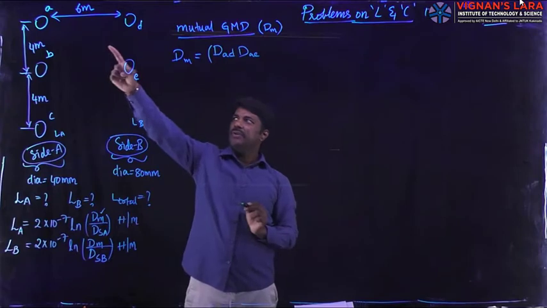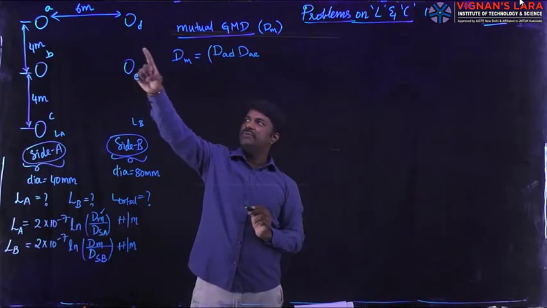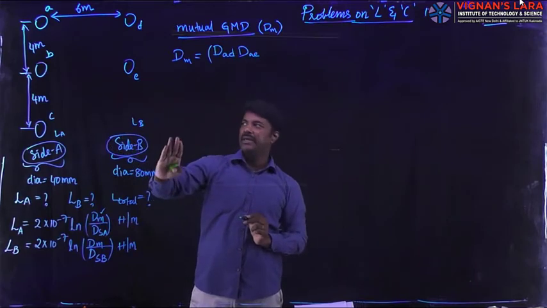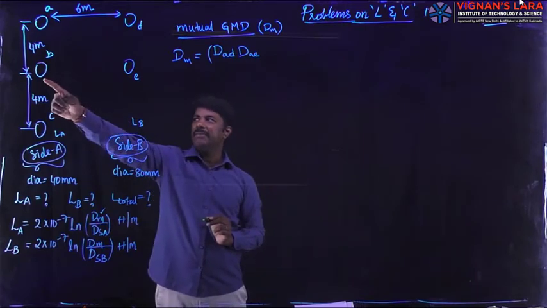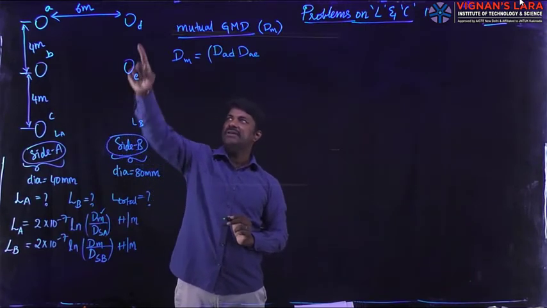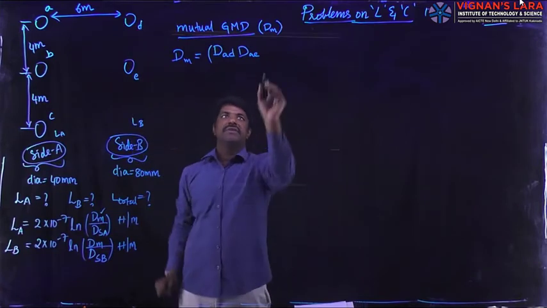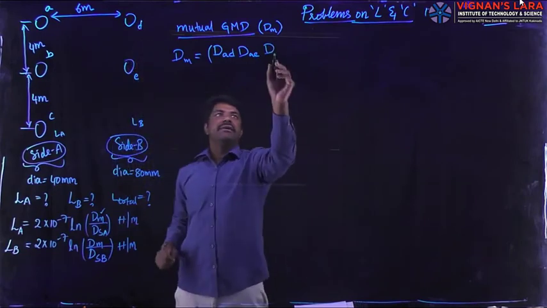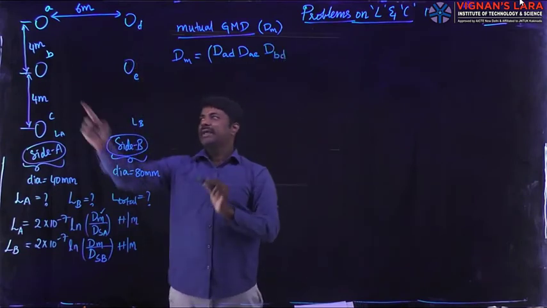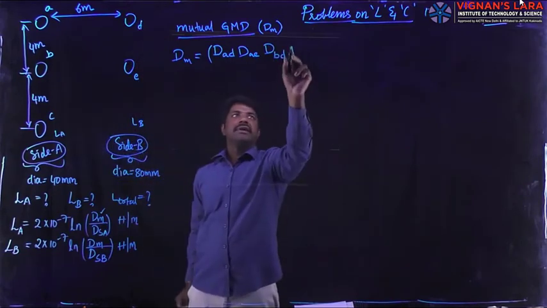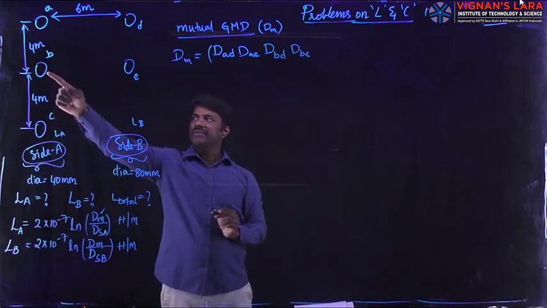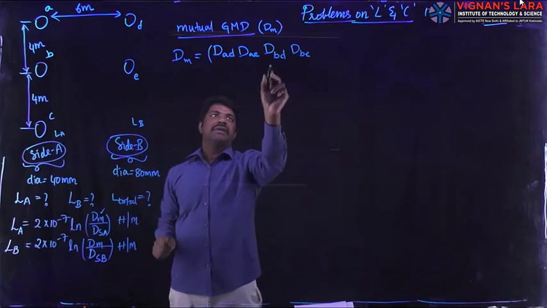So with respect to conductor A, I have seen the possible distances mutually, which occur from side A to side B. Similarly, with respect to conductor B, again I have to verify the distances of D and E, how they are separated. They are separated by distances of BD, and next BE. So with respect to conductor B, we completed these two terms.